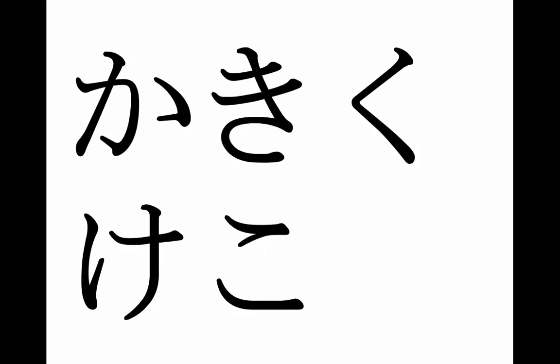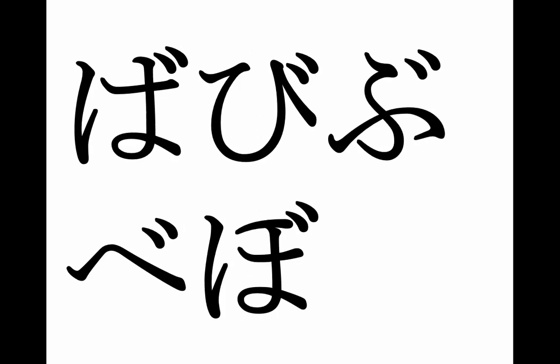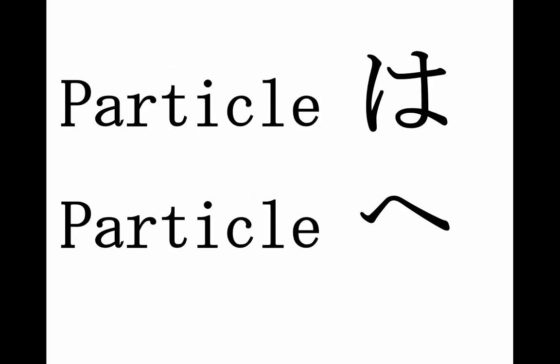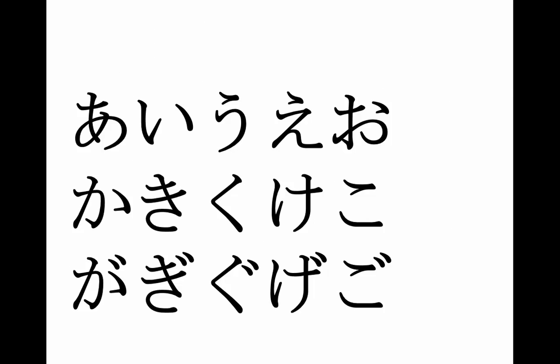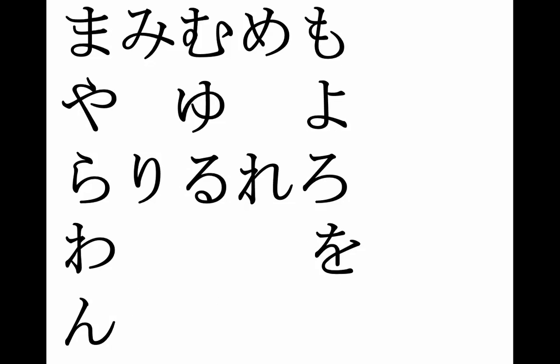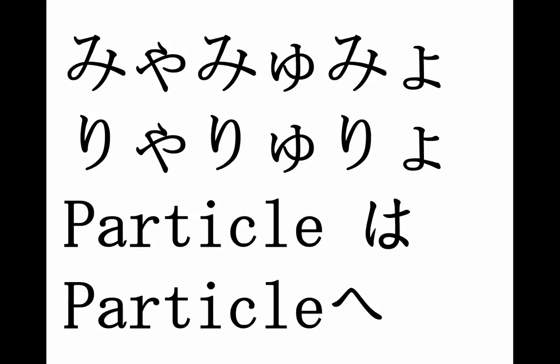If you want to print off these pages, or I think I've got even smaller ones, maybe. If you wanted to print off these pages to save yourself some paper, you could print these out, cut them up, and you've got instant flashcards. Okay, so that's there if you need it.